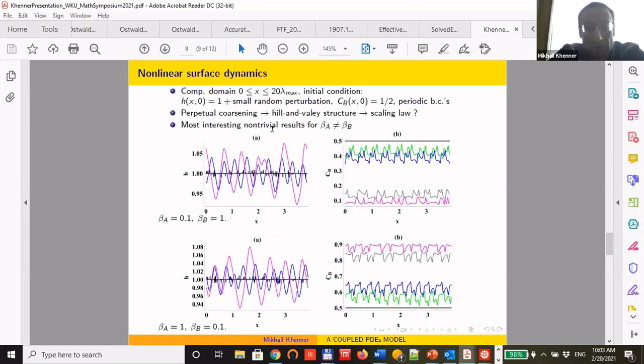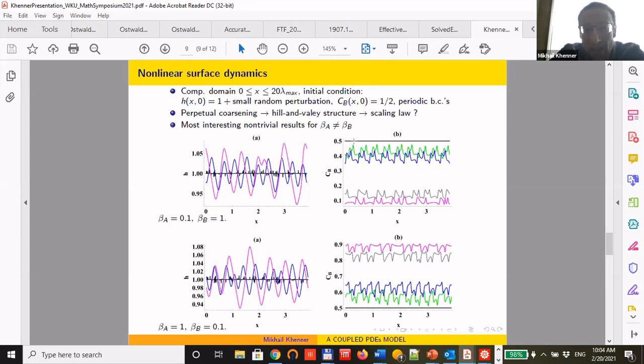And next, we computed the evolution of the surface from our nonlinear system. We took the random initial conditions for H and CB around their equilibrium values, and you can see how from small perturbation of H, this hill and valley pattern forms with time, and how it becomes coarser with time, which is the scale increases.